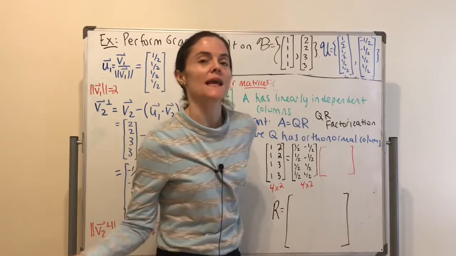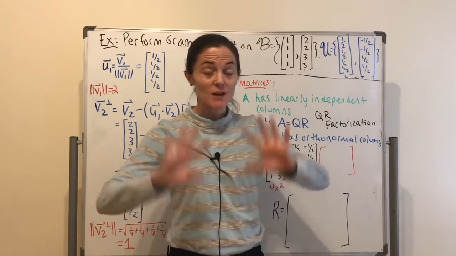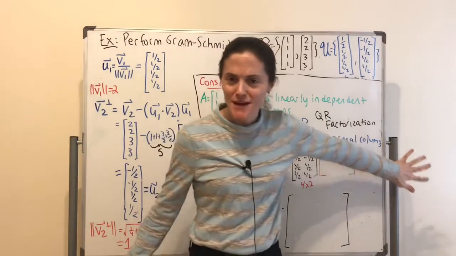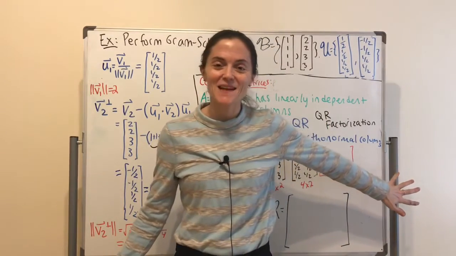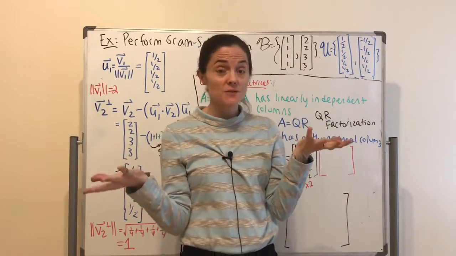But what I'd like to lead us into is something called QR factorization. And the question is, and I'm purposefully not trying to show you the details until I'm ready to talk about it, the question is, what does this say for matrices?